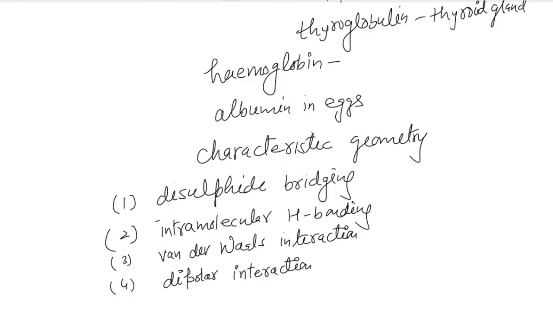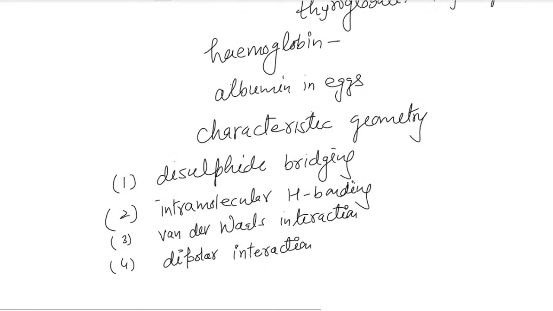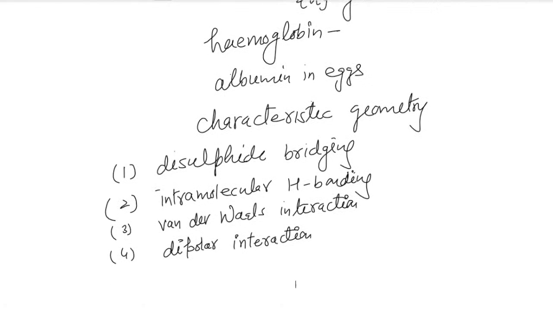A globular protein may consist of a single polypeptide or many. It may consist of several polypeptide chains, which are called subunits or protomers. And each subunit has its own three-dimensional geometry.